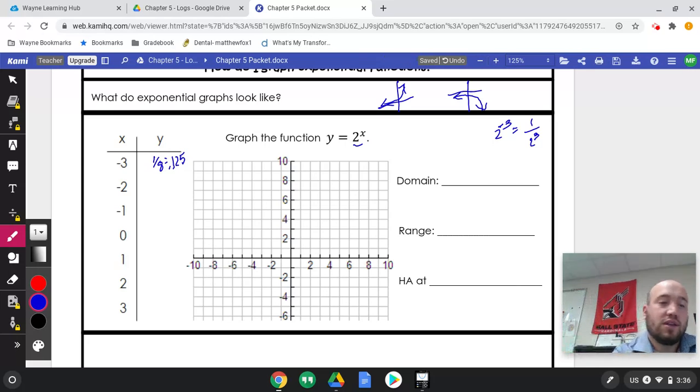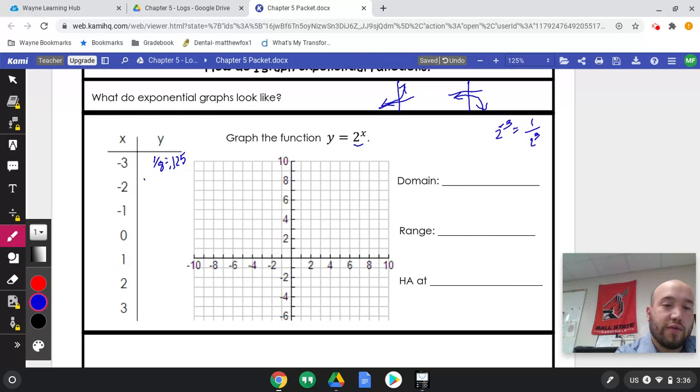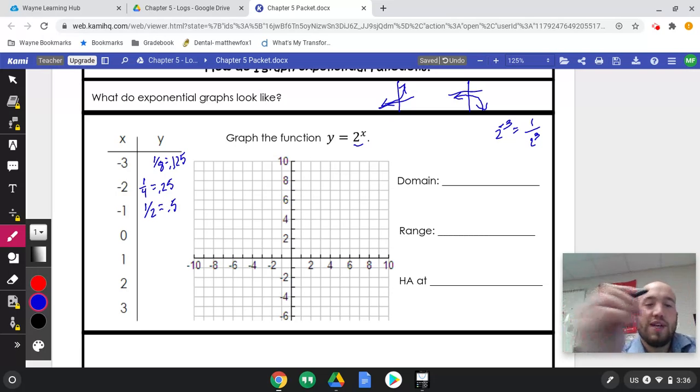Now, 2 to the -2nd would be 1 over 4, which hopefully you know is 0.25. To the -1, that'd be 1 over 2, or 0.5. When we raise it to the 0, anything raised to the 0 is just 1.